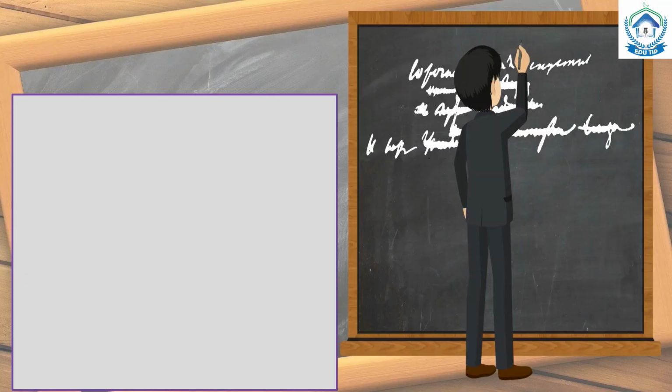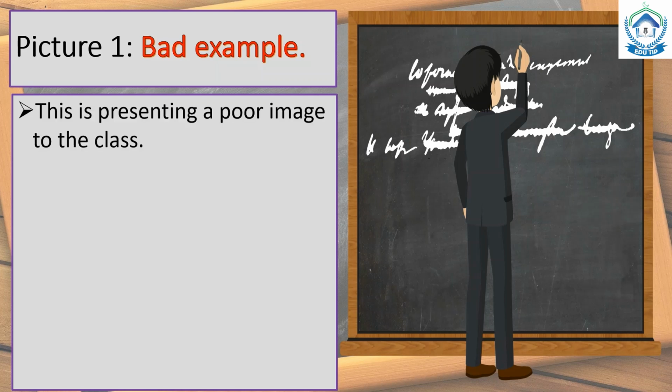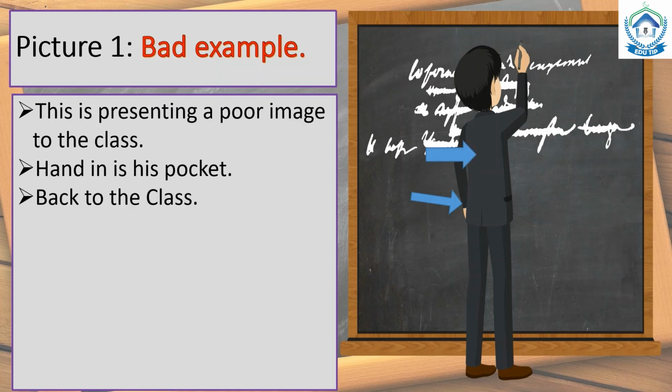So, picture 1. Do you think this is a bad or good example? I would say this is a bad example. Overall, this teacher is presenting a poor image to the class. He has his hand in his pocket and he has his back to the class, which not only disconnects the students and gives them time to mess around, talk and get distracted, it also seems like the teacher is not that interested in them.